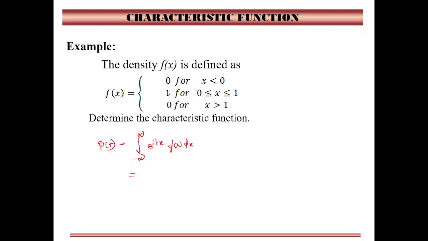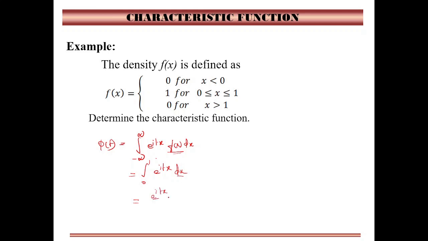Here f(x) takes the value 1, others are 0. So we take this function only, and the limits vary from 0 to 1. So 0 to 1 e power i t x, f(x) is 1, therefore dx. And then integrate with respect to x.